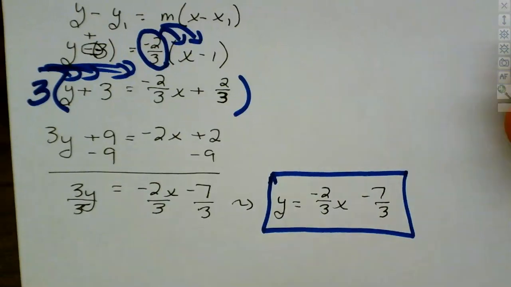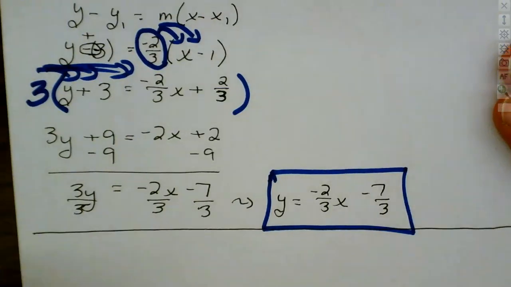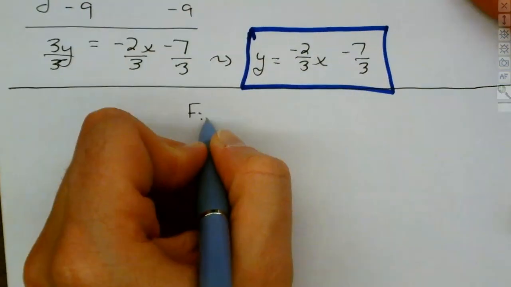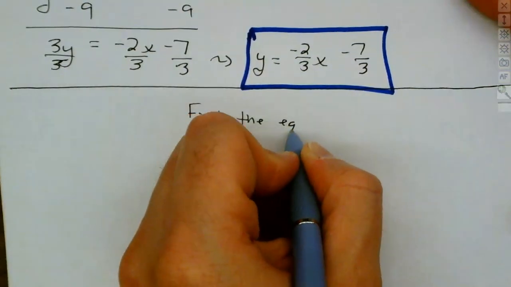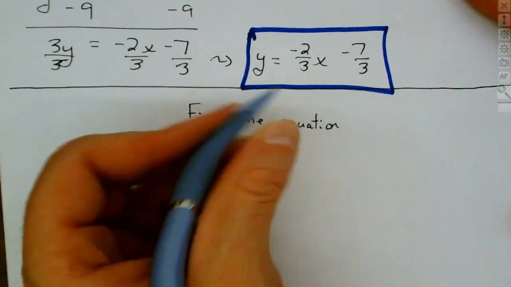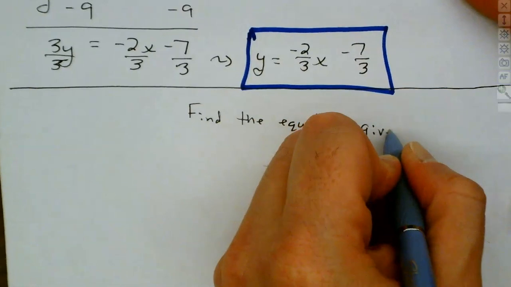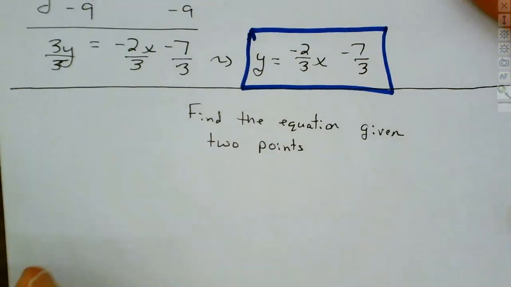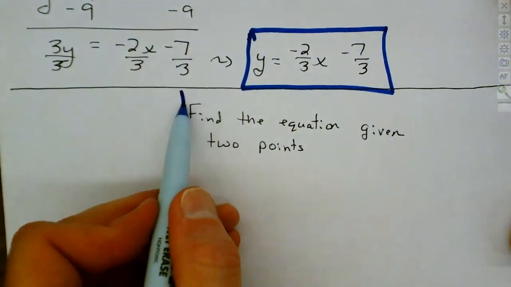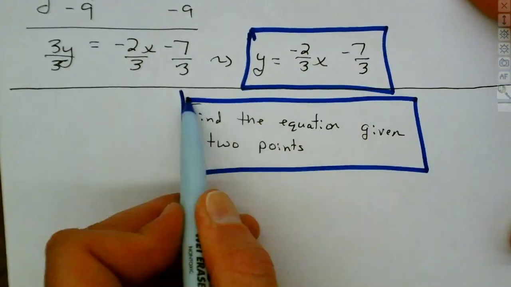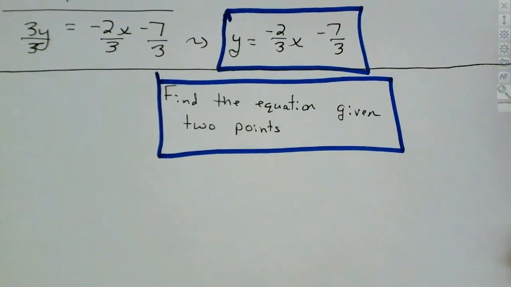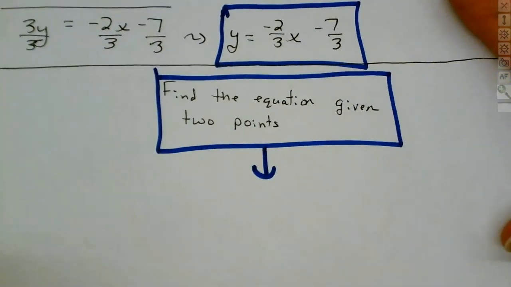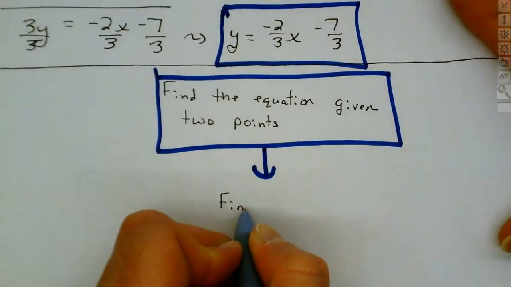So now we'll create the next flow chart. And for the next one, we're going to find the equation given 2 points. So we want to find the equation when we're given 2 points. How do we do that? Well, follow it down again. You want to find the equation when you're given 2 points. The first thing you do is you find the slope.